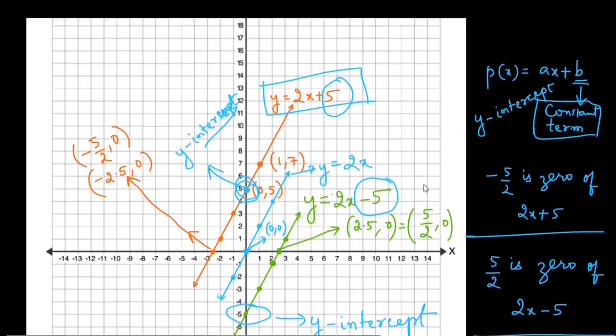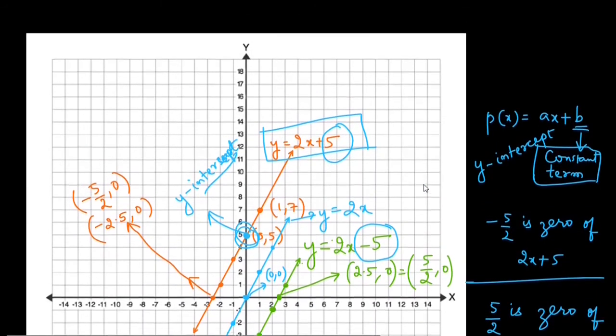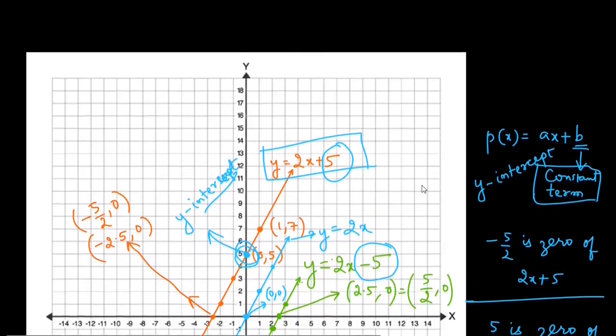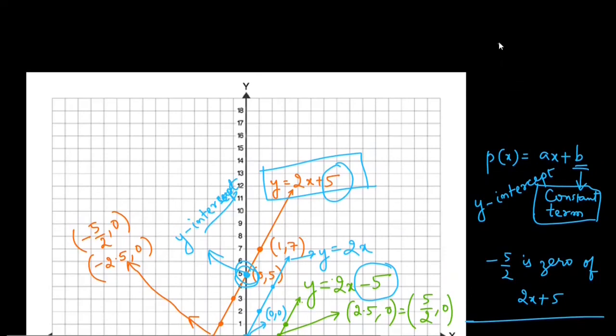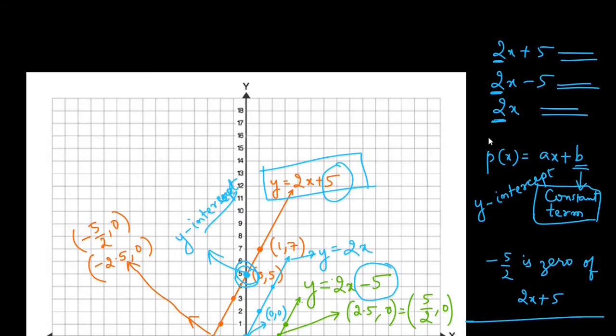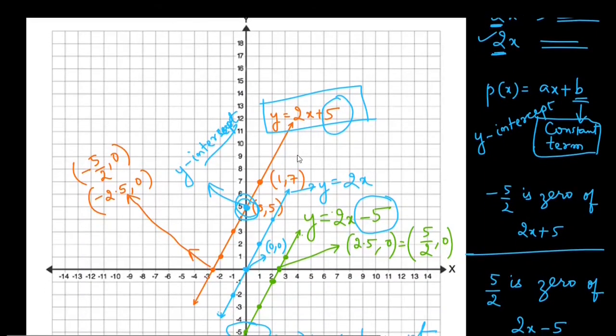Also, if we observe here 2x plus 5, 2x minus 5 and 2x, in these three polynomials, the coefficient of x is not changing. When the coefficient of x is not changing, the orientation of the lines is also not changing.